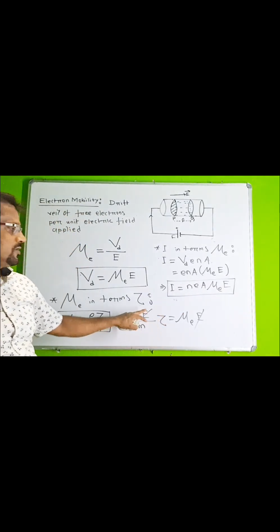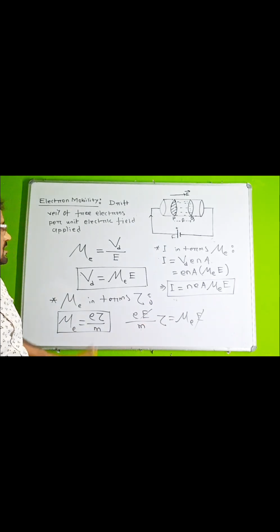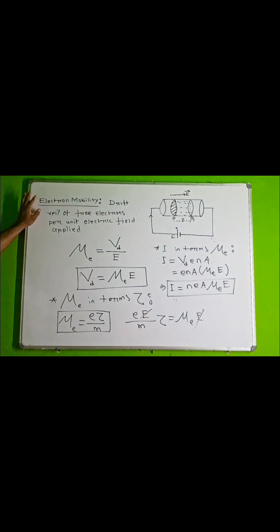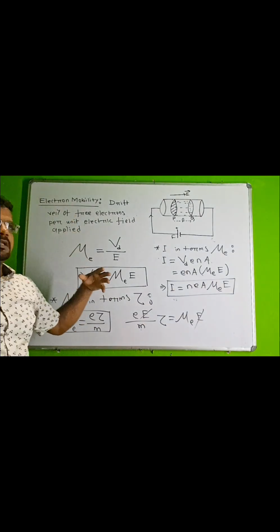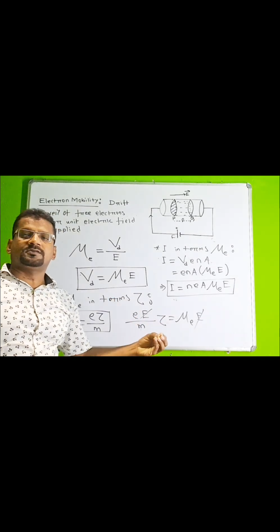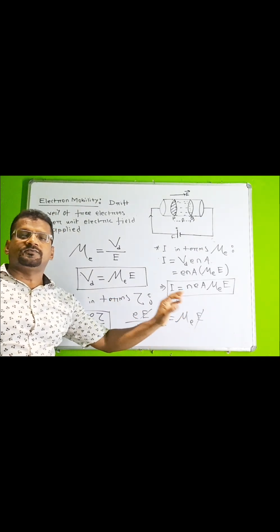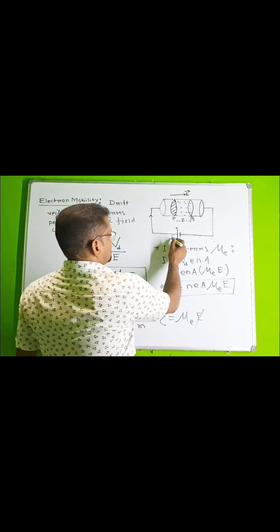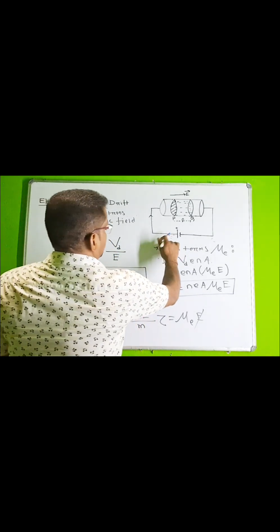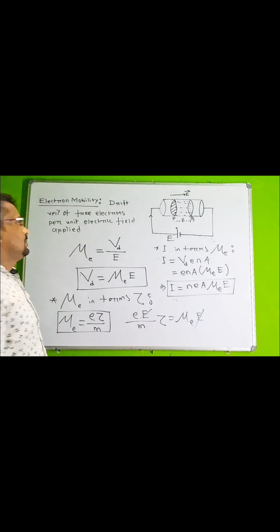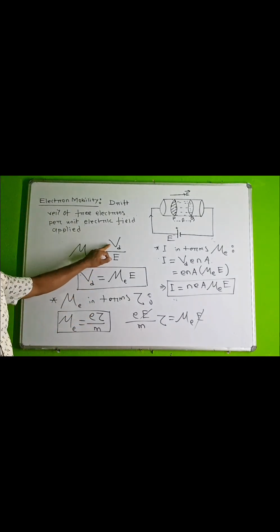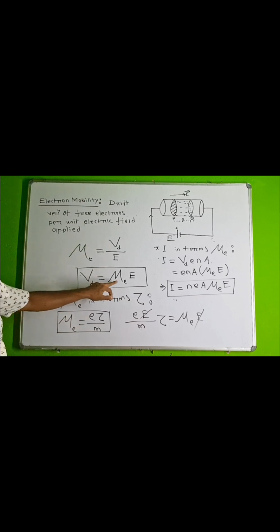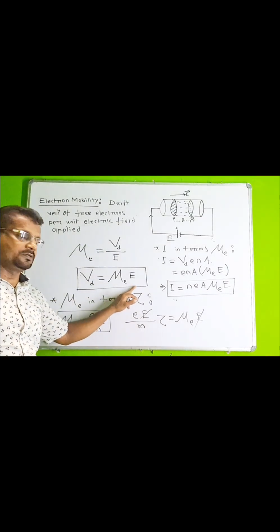So these are important expressions, and in a systematic way, let me repeat once. At first, electron mobility is nothing but the drift velocity of free electrons per unit electric field provided, v_d by E. From here you will get the expression of drift velocity, that is electron mobility times electric field.